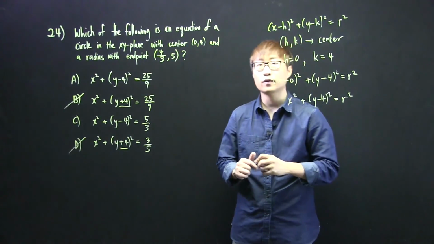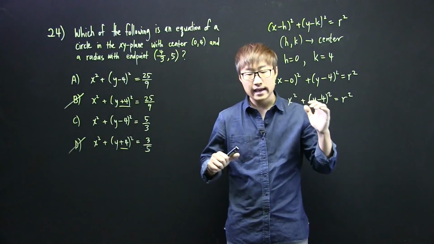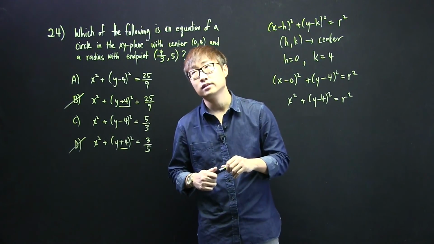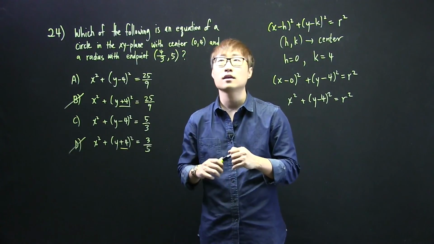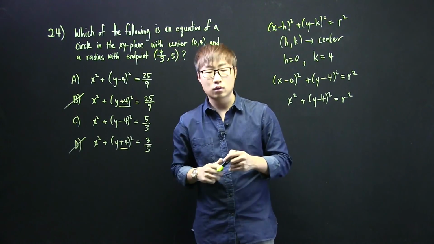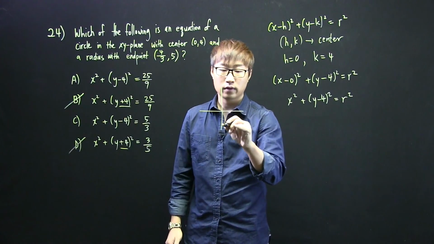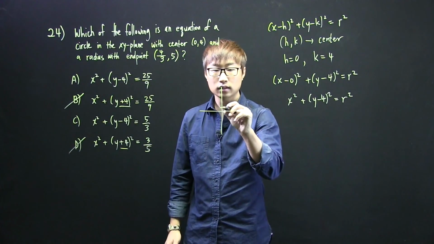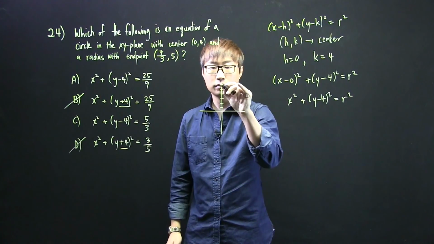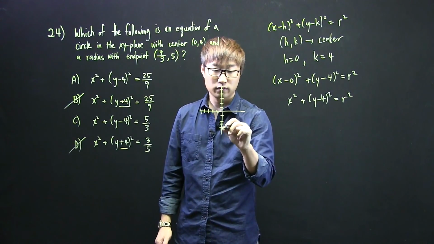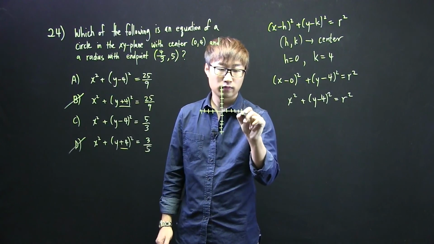Now I just need to figure out the radius, and I'll tell you, my friends, there are 2 different ways to find the radius in this case. Since we're not given the radius, but we are given the coordinates, how would it look, first of all, on a graphing coordinate? It would look something like this. 1, 2, 3, 4, 5, 1, 2, 3, 4, 5.